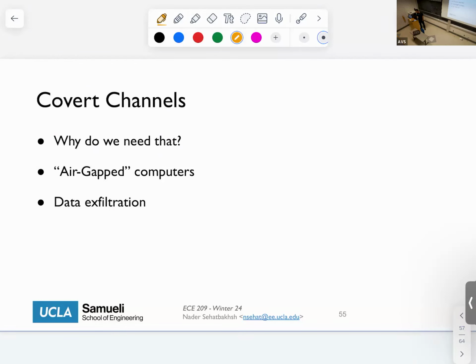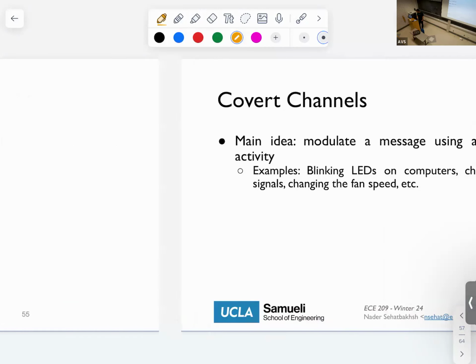So why do we need that? The need is, as I said before, air-gapped computers, many of which control their input and output such that you cannot communicate things you are not authorized to. But with a covert channel, you can do that.